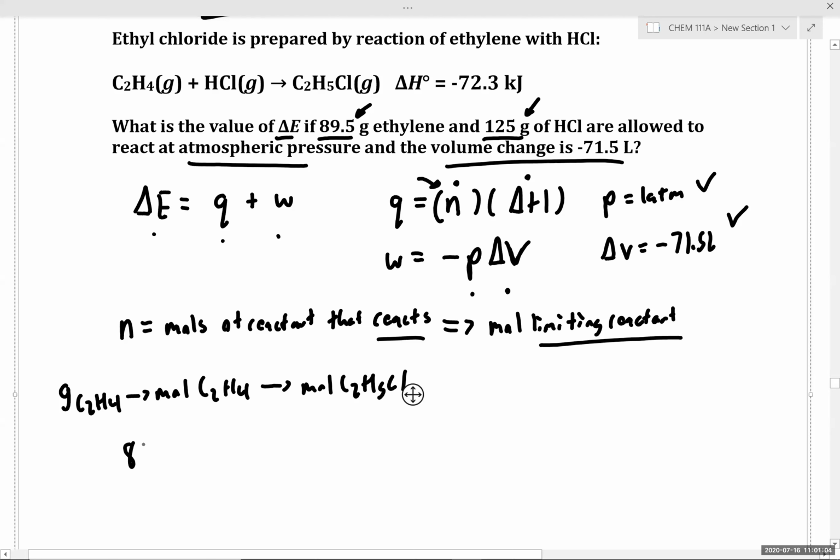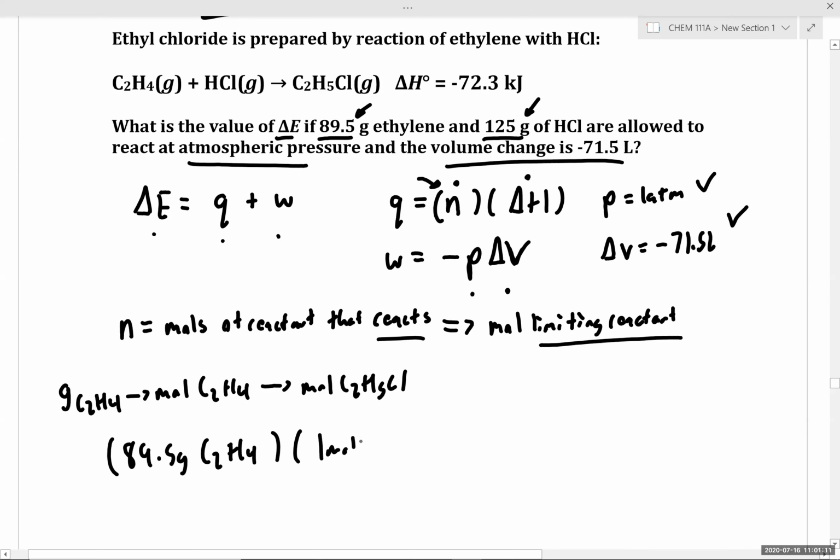If we have 89.5 grams of ethylene, in 1 mole of ethylene, how many grams are present? What is the molar mass of ethylene?